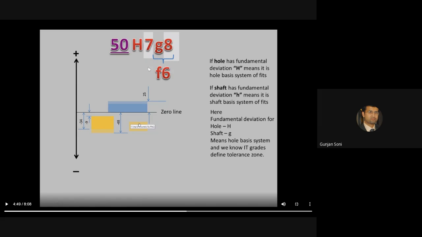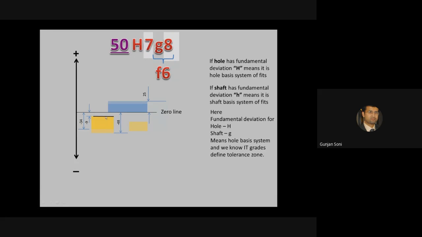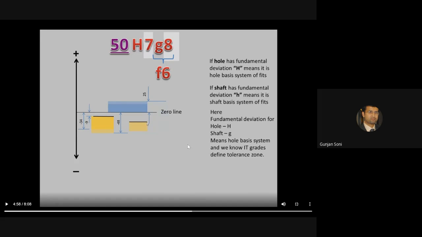Your fundamental deviation remains the same, but if you change the alphabet, you go to a different one. And this is previous. In the first case upper limit was minus 9 micron, and now if you're going from G to F, you are getting more and more clearance. I mean your clearance is increasing. It has increased to this size.